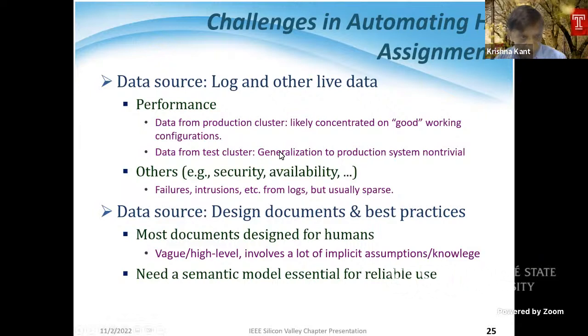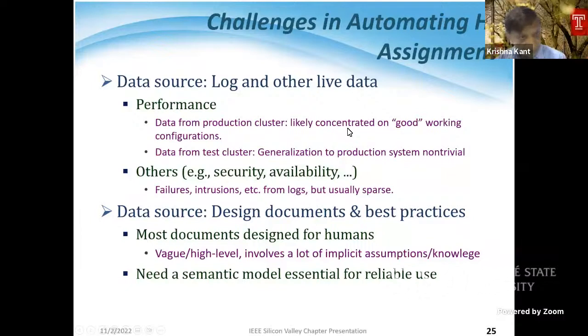You can easily understand that the data about failures, security intrusions and operational problems is rather sparse, because hopefully they don't happen too often. But why do I say that the performance data is also sparse? The reason is that you have lots of configuration parameters, but generally, at least in the production cluster, you'll be setting those parameters to values that are, quote unquote, good.